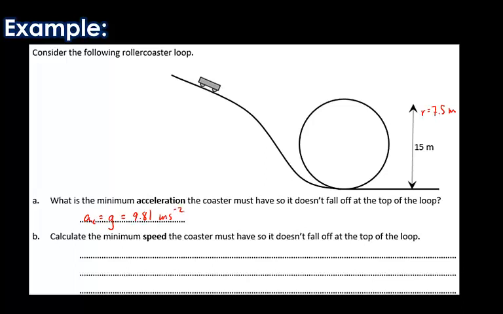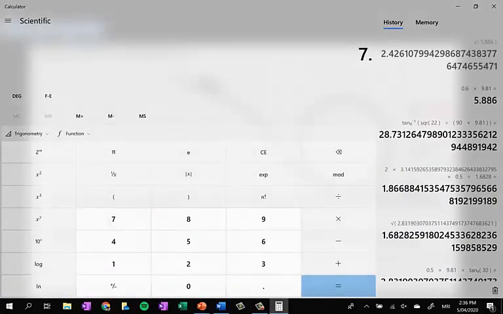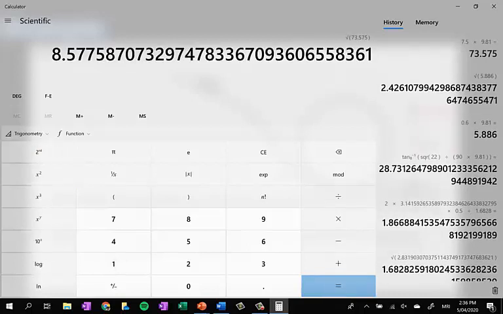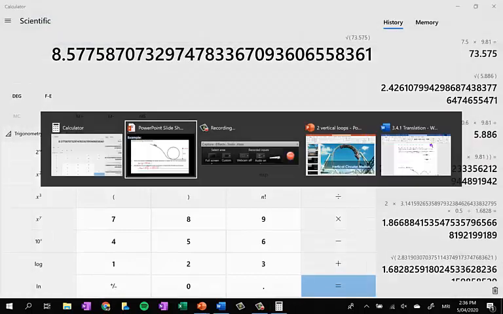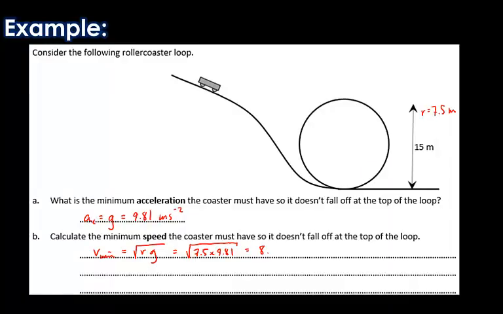The minimum speed the coaster must have so it doesn't fall off the loop, well, v min is equal to the square root of rg, which is equal to the square root of 7.5 times 9.81, which gives us 8.5776 meters per second.